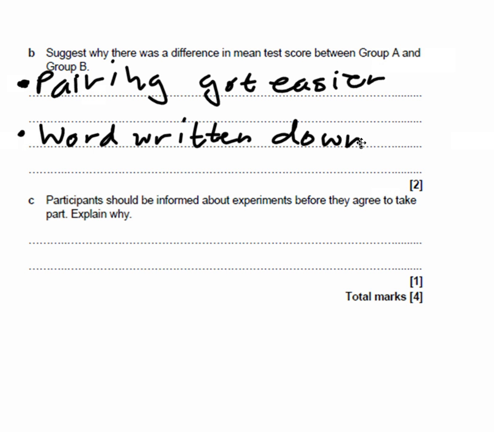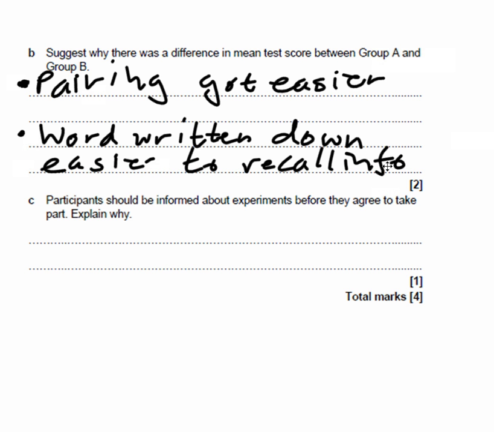So we needed to say that the pairing activity got easier and the words were written down, which makes it easier to recall information. I'm just going to put info for short. So that was part B.